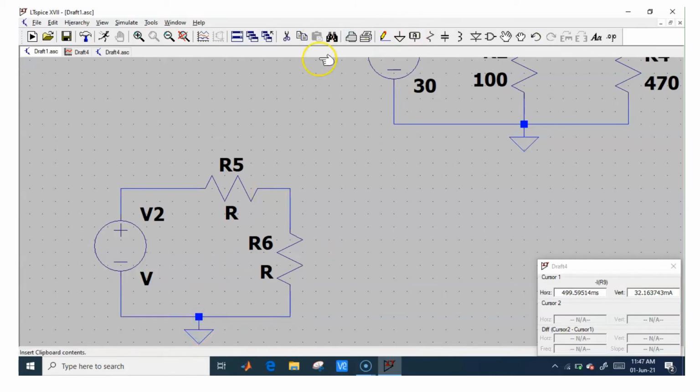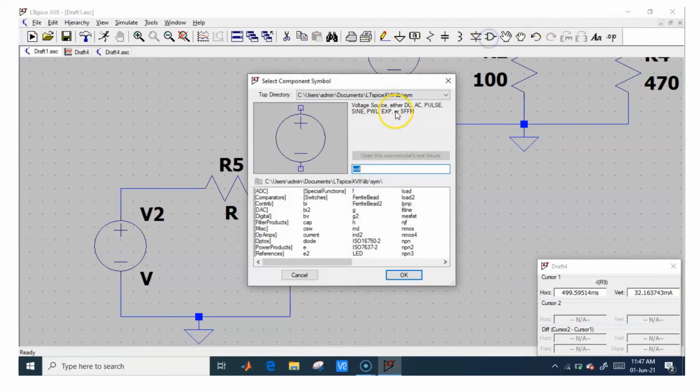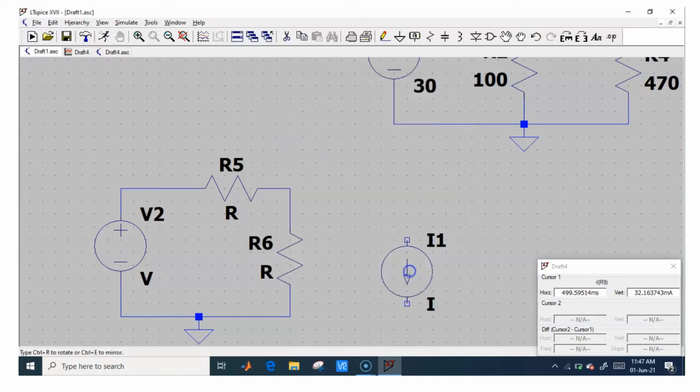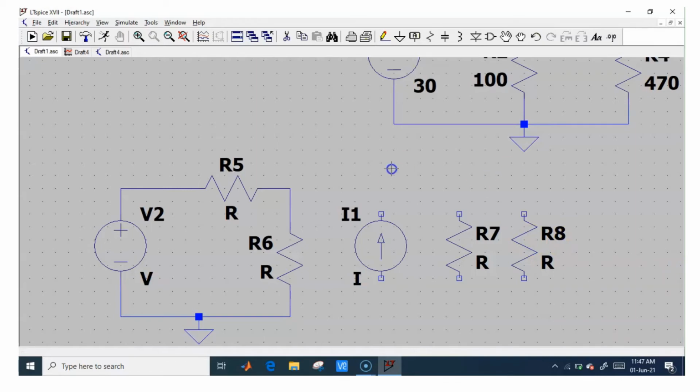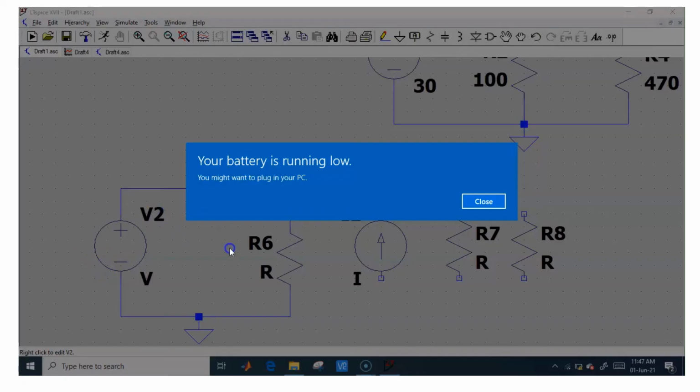And what is the equivalent circuit according to Norton's theorem? We need a current source, and the equivalent resistance in parallel with that, and the load resistance in parallel with that.